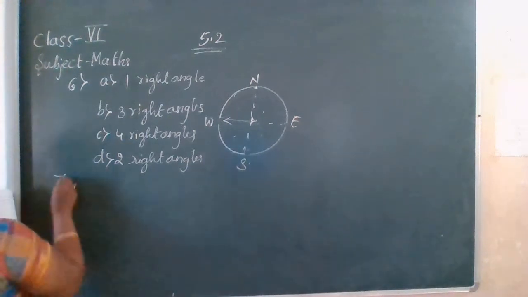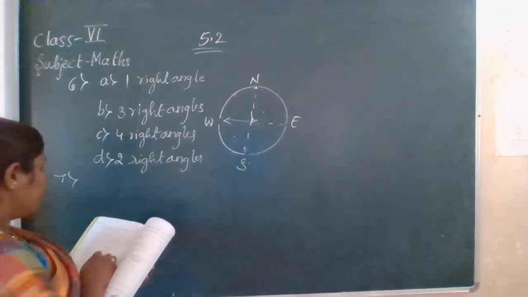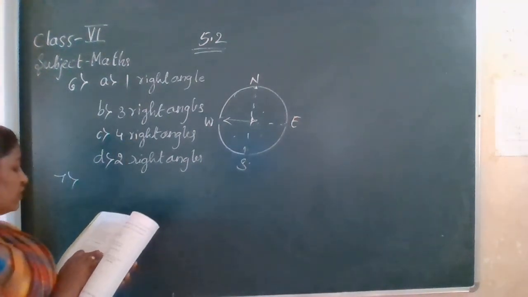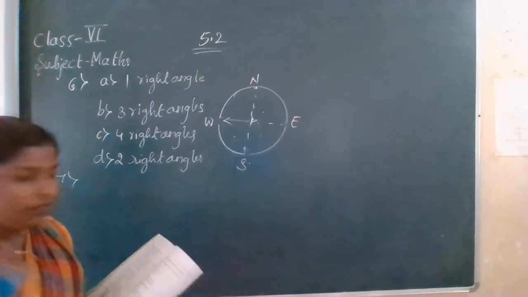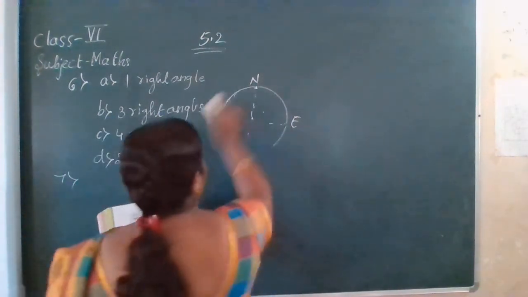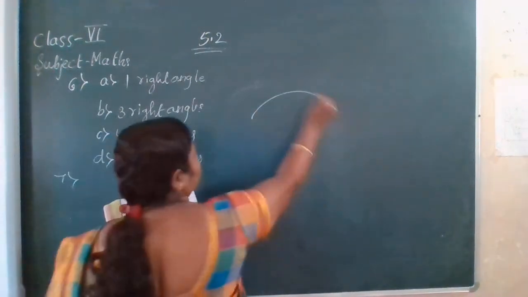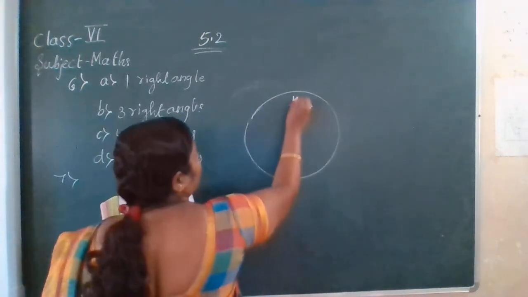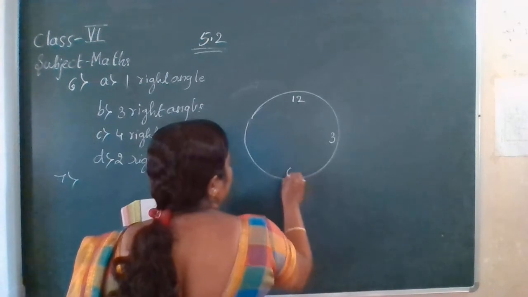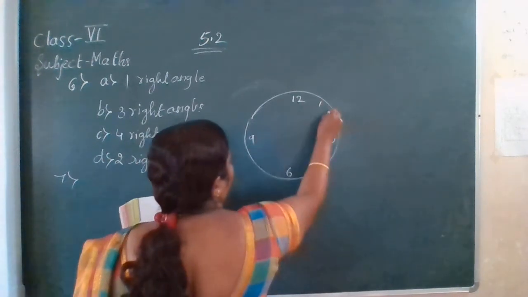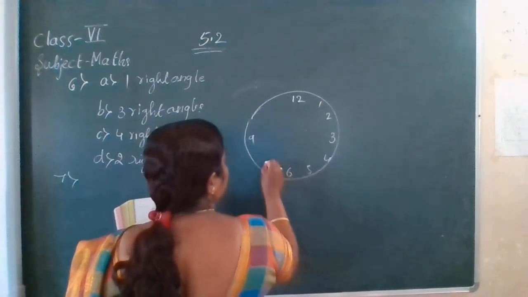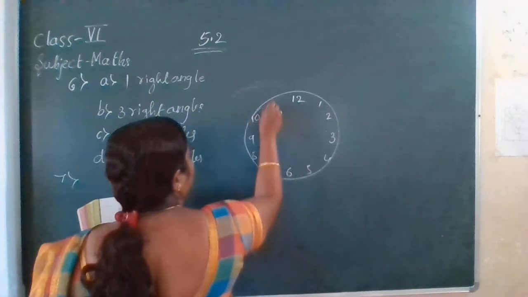Next, the seventh question. Where will the hour hand of a clock stop if it starts? Now we want the clock: 12, 3, 6, 9, 1, 2, 4, 5, 7, 8, 10, 11.